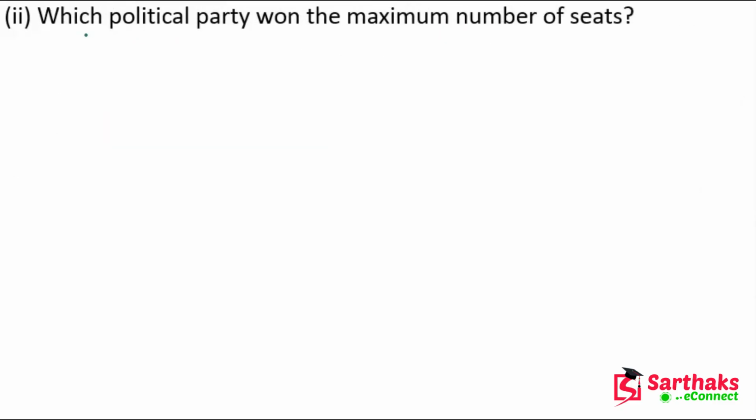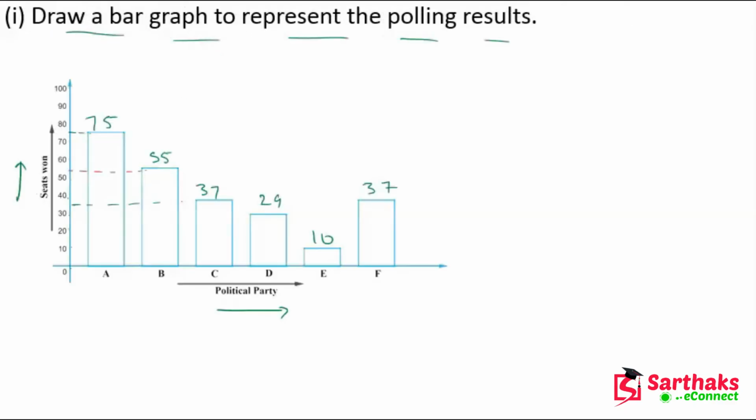Now the second part of this question is, which political party won the maximum number of seats? Here you can observe this. Political party A won the maximum number of seats. Here you can see this is 75.